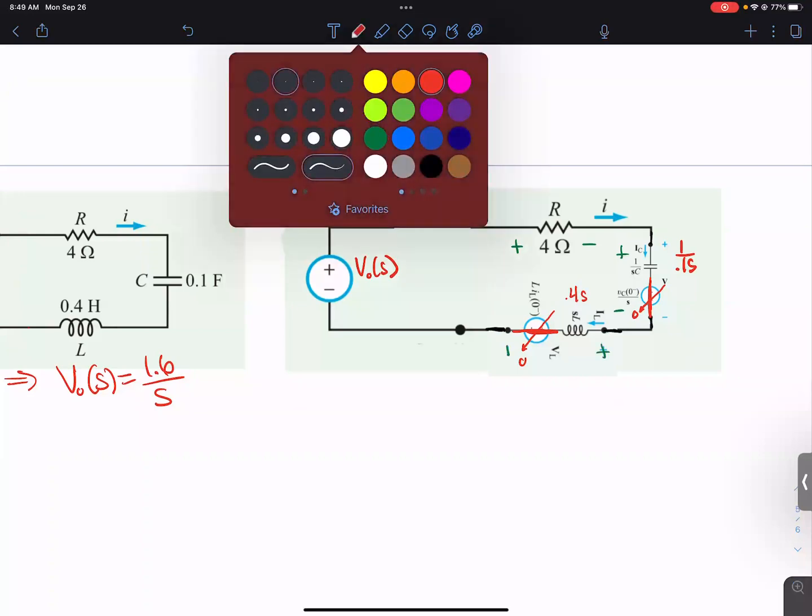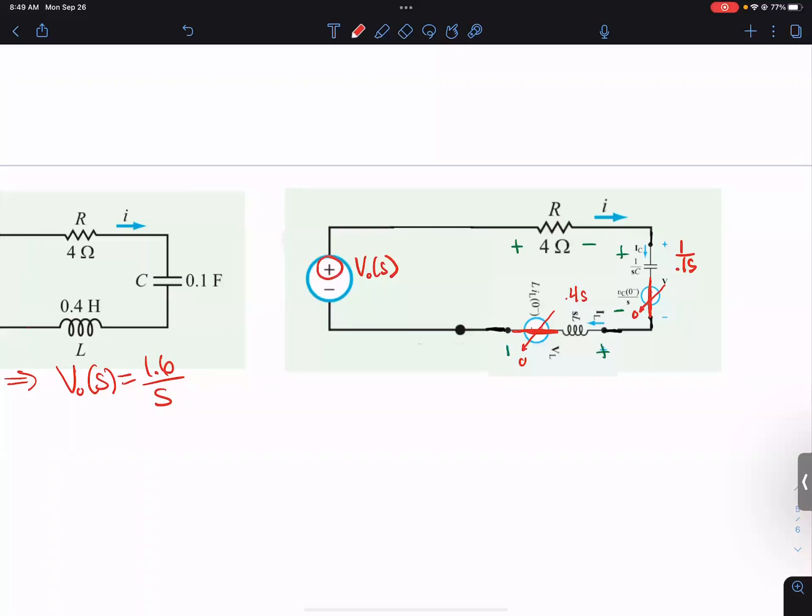So as I take my loop, I'm going to do the second sign. So I have a plus, minus, minus, minus.